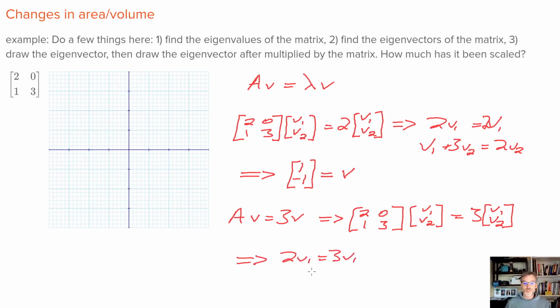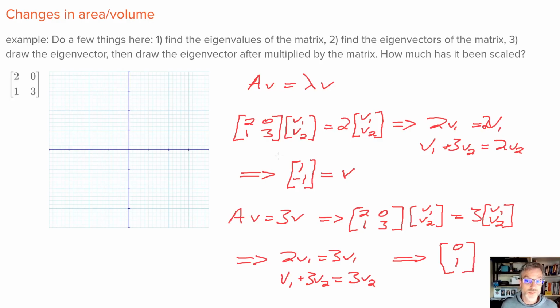Well, that just gives me 0 for v1, right? And v1 plus 3v2 is equal to 3v2, and so v2 is going to be my unknown parameter. Okay, that could be set to anything, and I can conclude that my second eigenvector is this, 0 and 1.